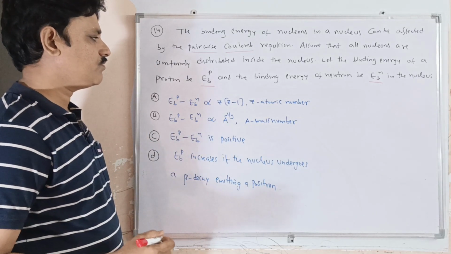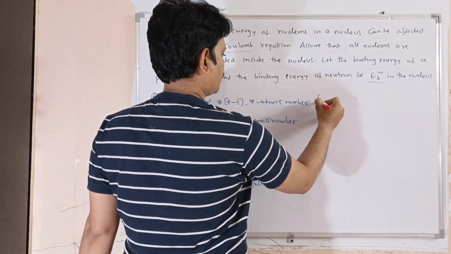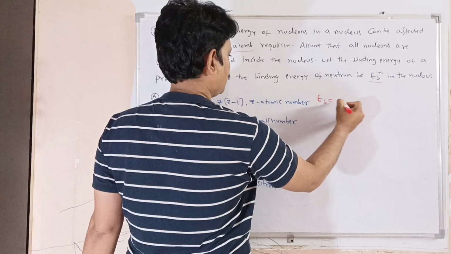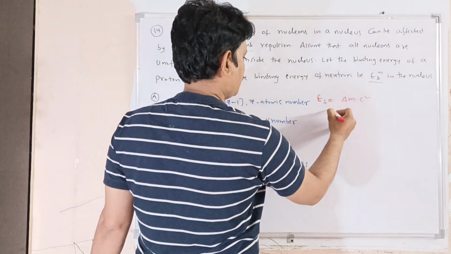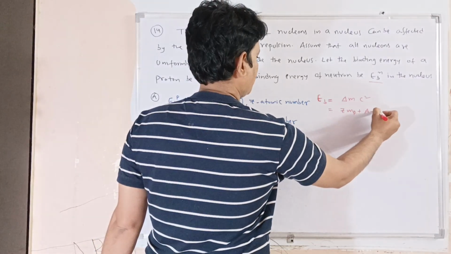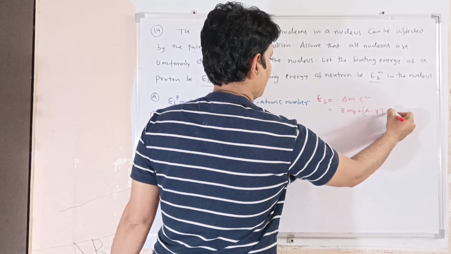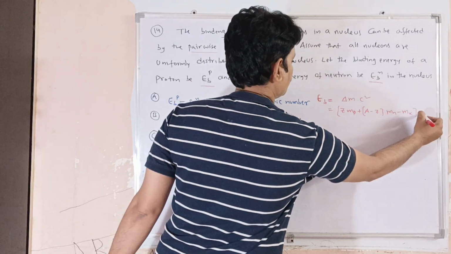Actually, we know the relation for binding energy is nothing but mass defect into C square, that is, [ZMP plus (A minus Z) Mn minus Mx] into C square.